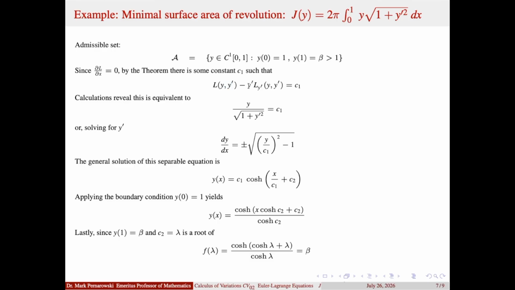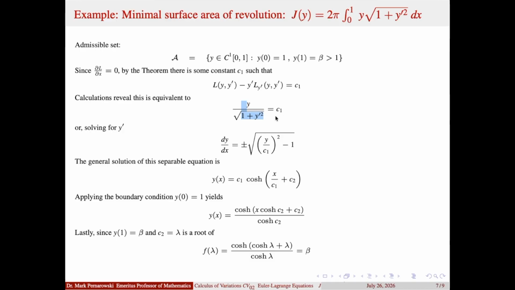And I'm going to subtract a y prime times another function that depends on y's and y primes. So the left side, when all is said and done, is going to have y's and y primes in it, equal to a constant. If I use this Lagrangian that I'm highlighting up above, this L in blue, and I put it in this formula and I do all the calculations and simplify, this expression becomes this term here, which is equal to C1.